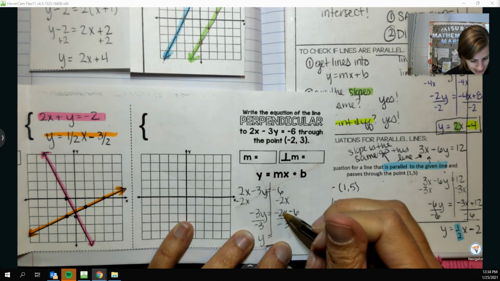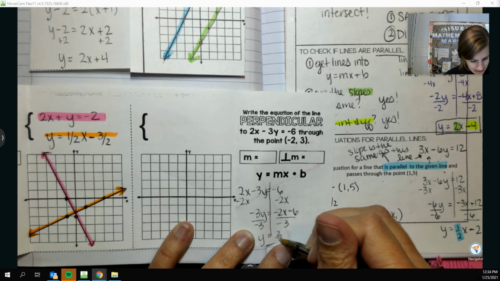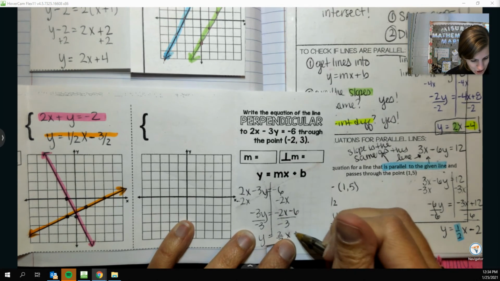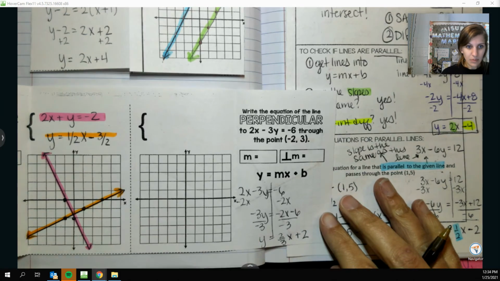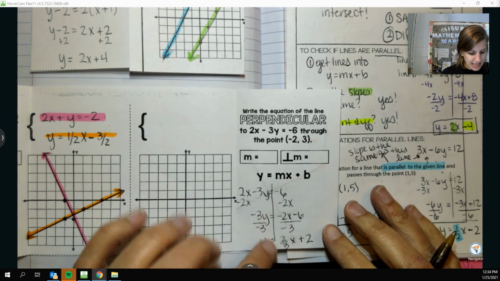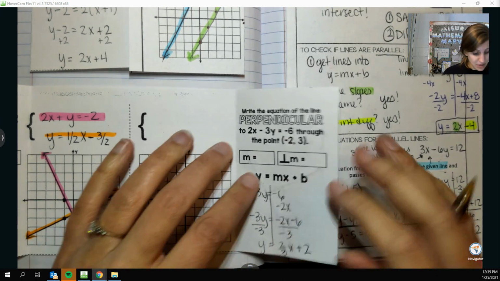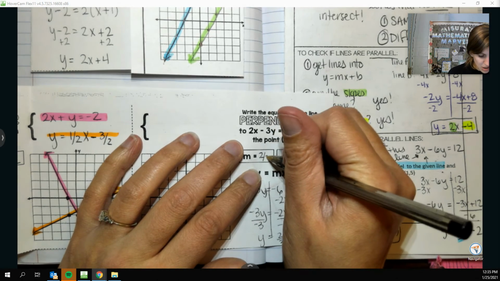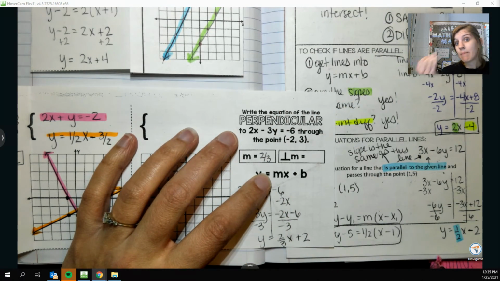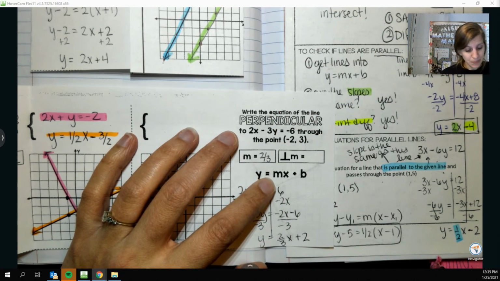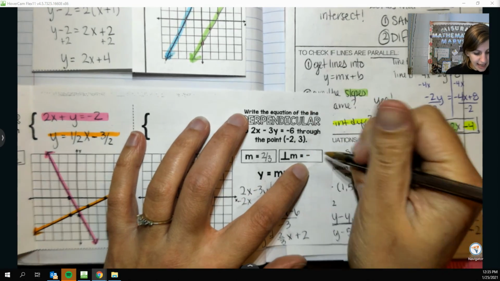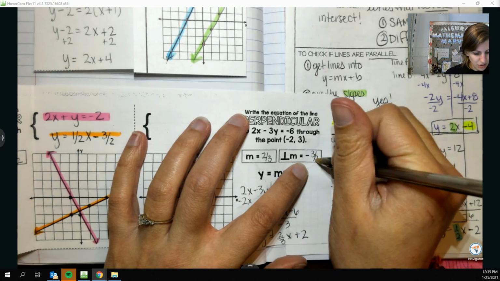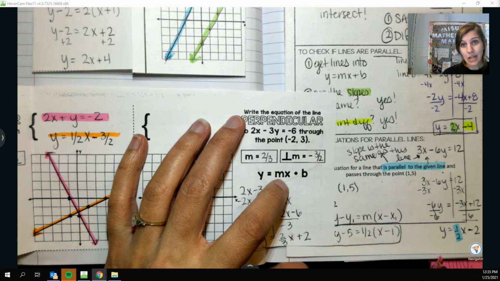And so I get 2/3 x plus 2. Okay, so now I can see that the slope of the line that they gave to me is 2/3, which means that my perpendicular slope needs to be negative 3 over 2, and it needs to go through this point.